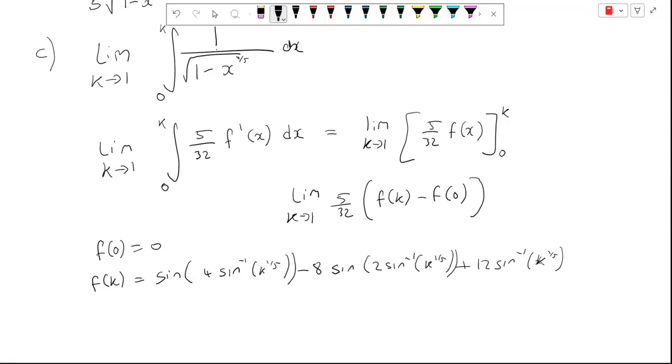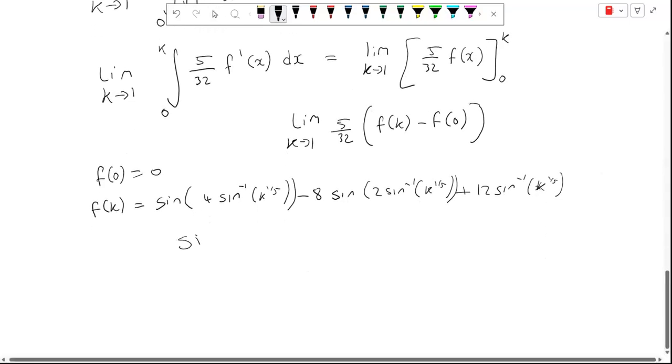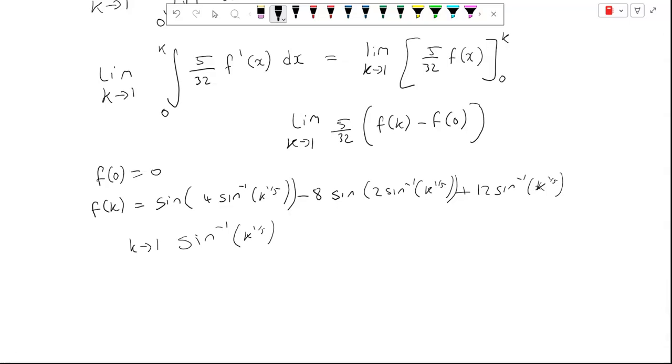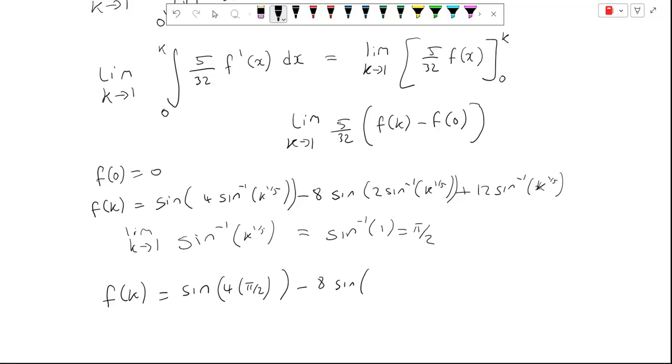Well, as k goes to 1, we're going to do sine inverse of k to the 1/5 as k approaches 1. The limit of this is essentially going to be sine inverse of 1, which is pi by 2. And so if I sub in pi by 2, I'm going to get f of k as equal to sine of 4 of pi by 2, minus 8 sine 2 of pi by 2, plus 12 of pi by 2.